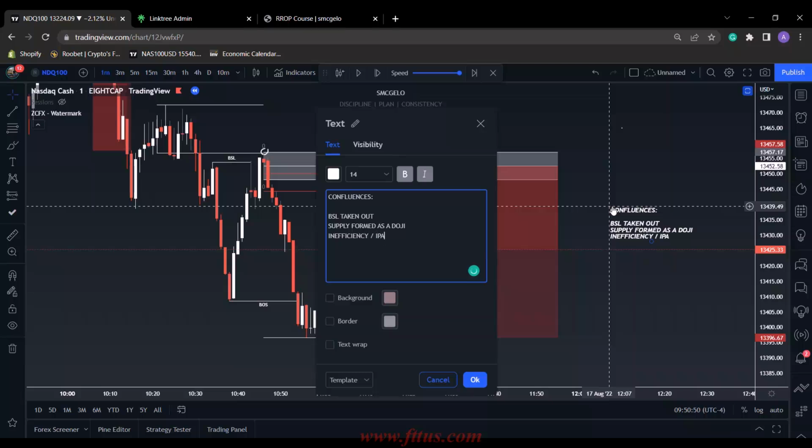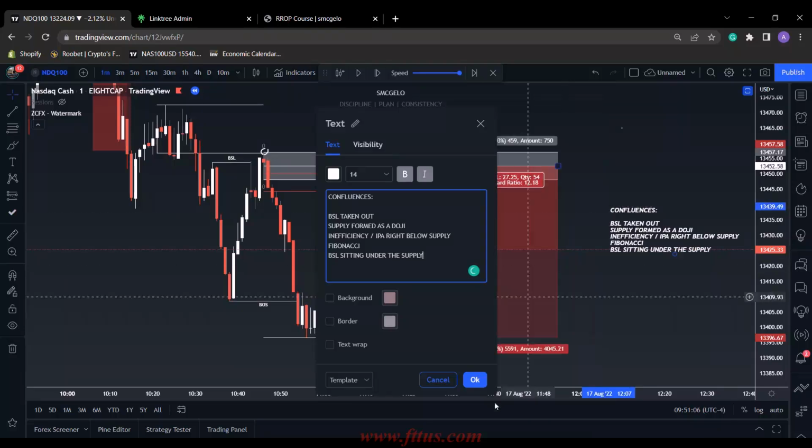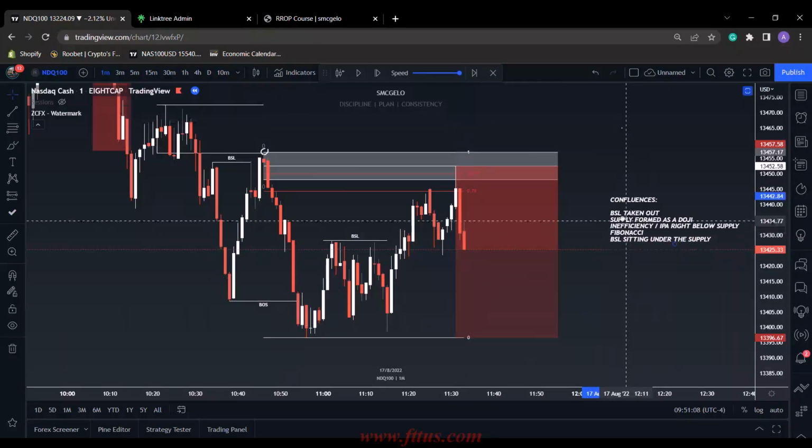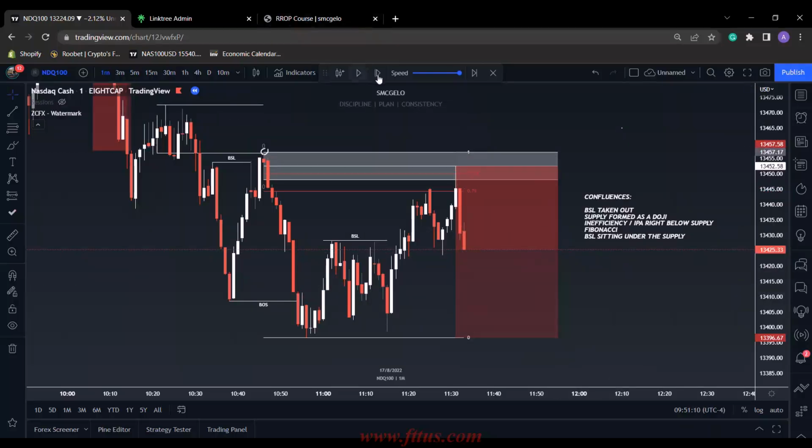Inefficiency right below supply. Fibonacci. And we had buy side liquidity sitting under supply that needs to be taken out. So this is 5 confluences that we had right here. As I explained in the confluences part, you need 3 to 5 per trade.